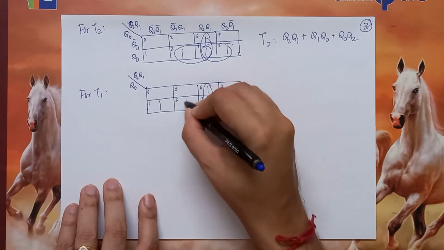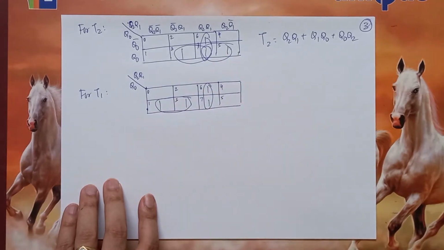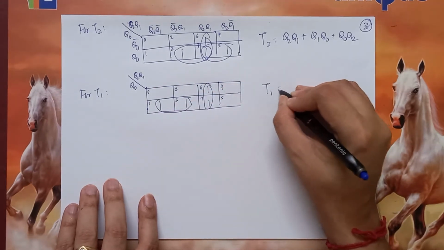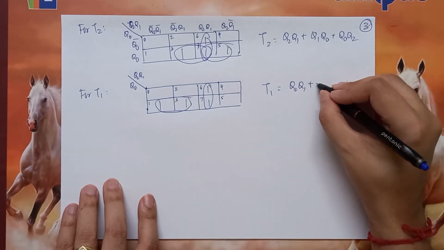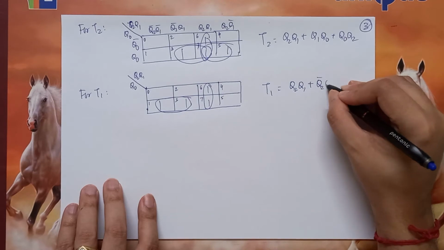So one group this way, the other group this way. So we can say T1 equals Q2 Q1 plus Q2 bar Q0.